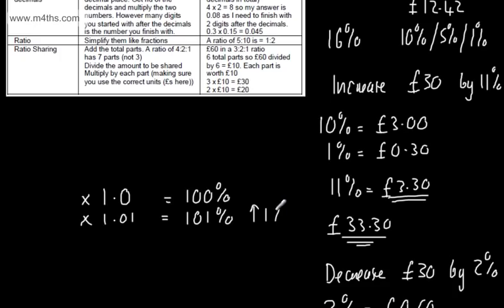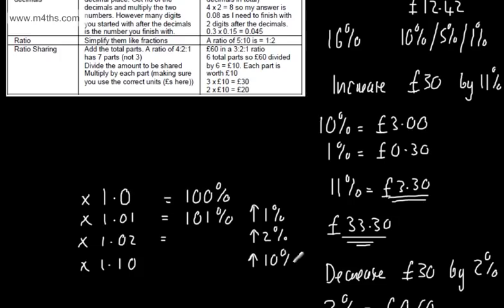Multiplying by 1.02 is going to give me a 2% increase. Students often confuse these. I'm going to miss out a few. 1.1 or 1.10 is going to give me a 10% increase.